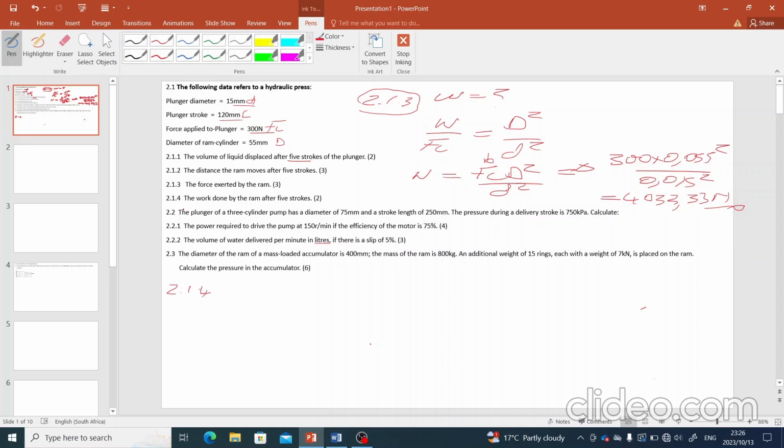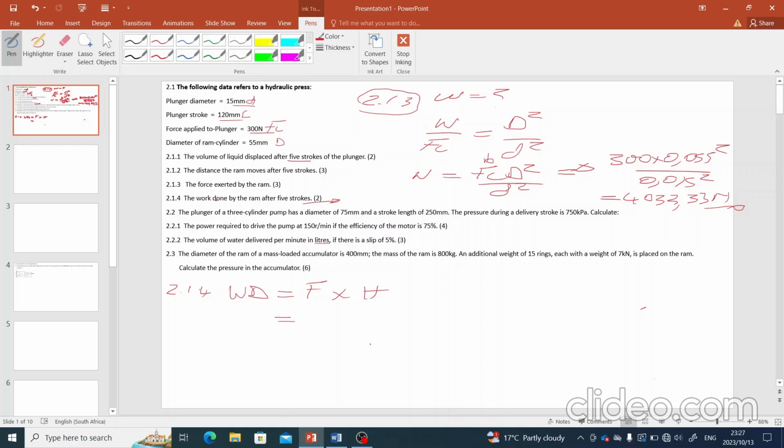2.1.4, they want us to calculate the work done by the ram after 5 strokes. The work done will be force multiplied by h. Now, which force are we going to use?